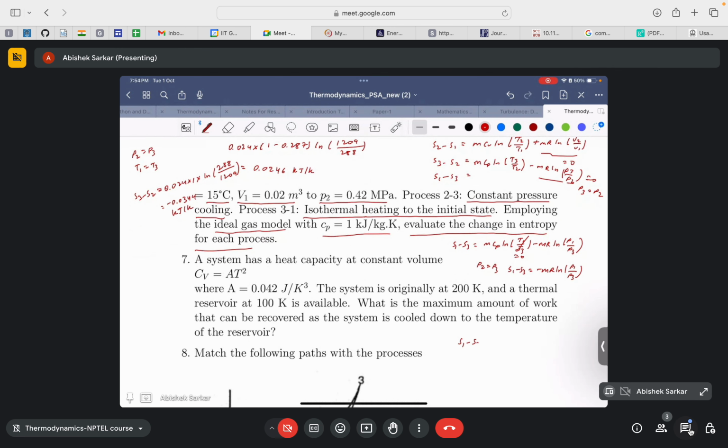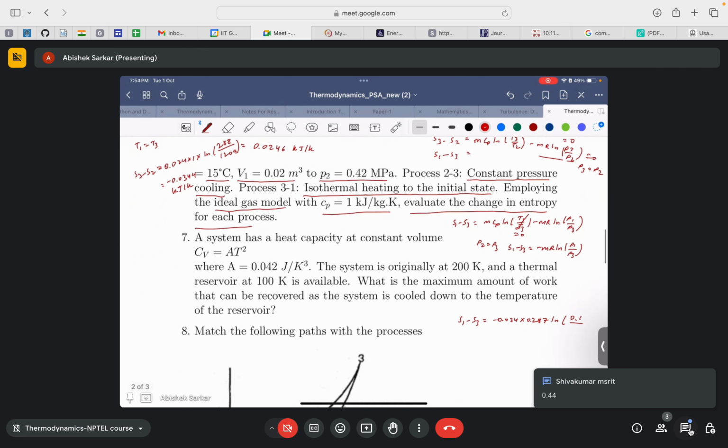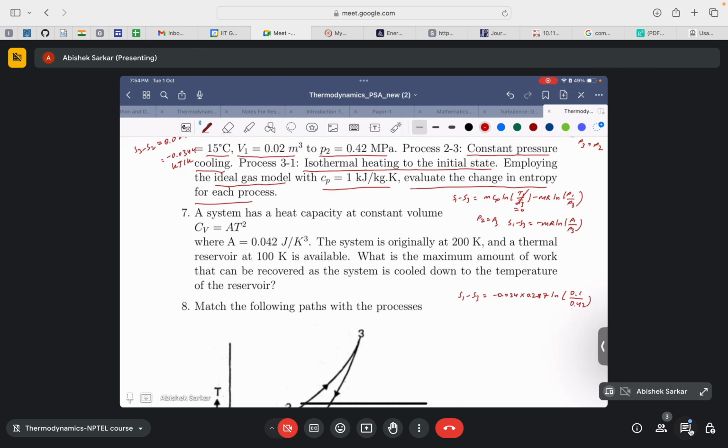S1 minus S3 would be minus 0.024, R is 0.287, natural log of P1, P1 is 0.1 and P2 is 0.42. Yeah, 0.44, you are saying 0.44.